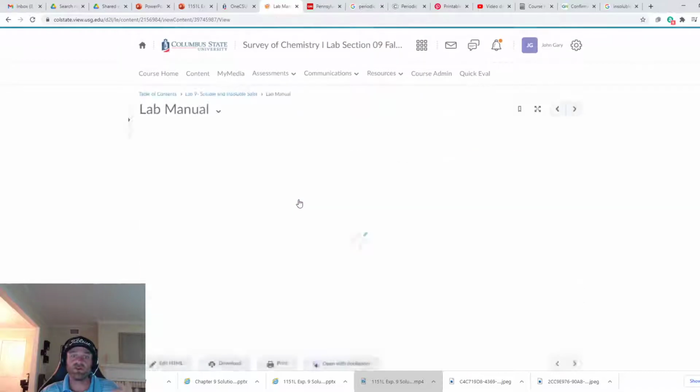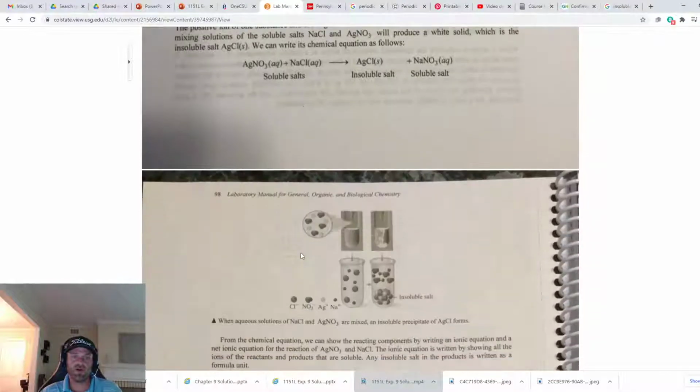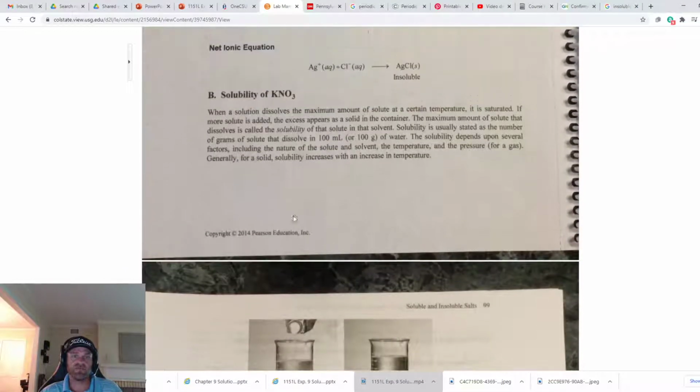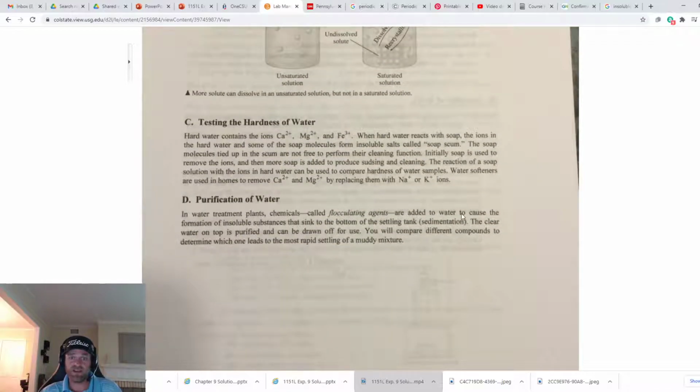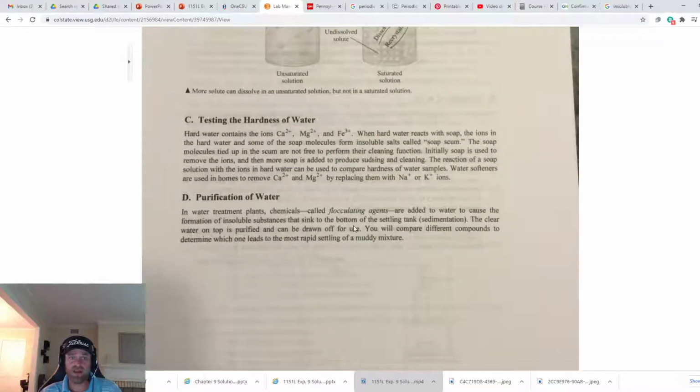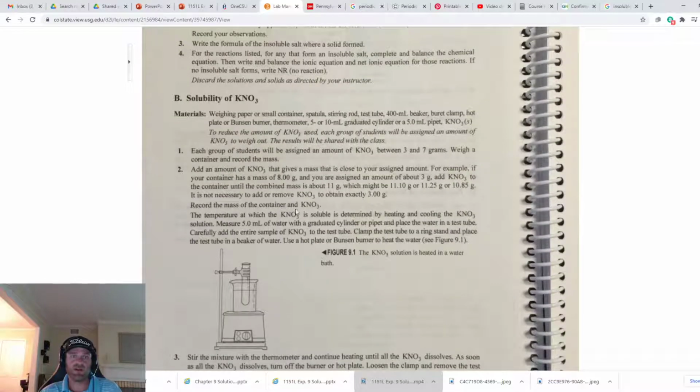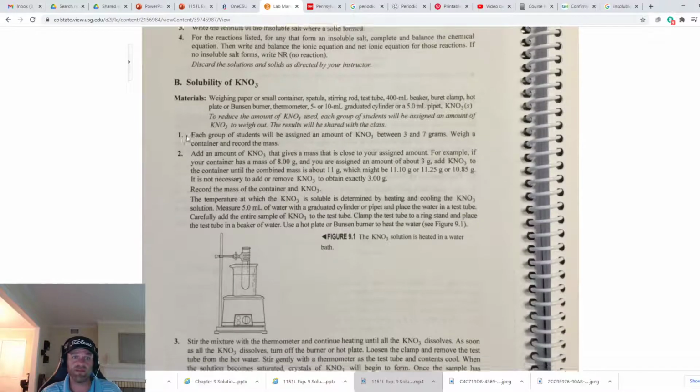I'm going to show you on the lab manual which parts to mark off. Part B, so you can mark off all of the solubility of potassium nitrate. Part D, the purification of water, you can mark all that off. And then you're going to also mark off those parts on your procedures, to make sure you're not worrying about that.